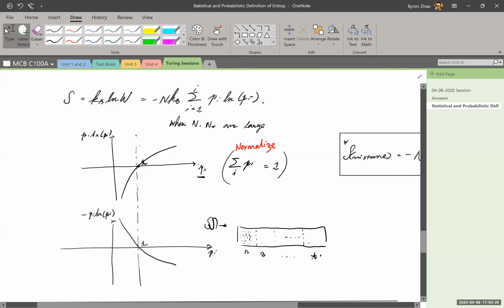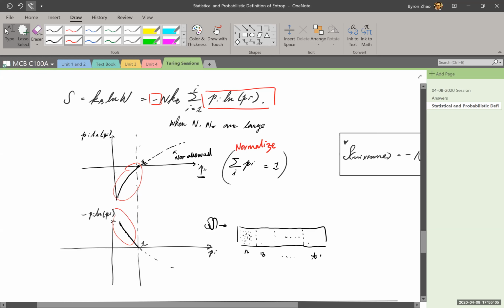If I redraw this graph, what we should see is something like this. So the dotted lines are not allowed. And if we now take this negative sign into account, we will basically make all of these negative values positive.